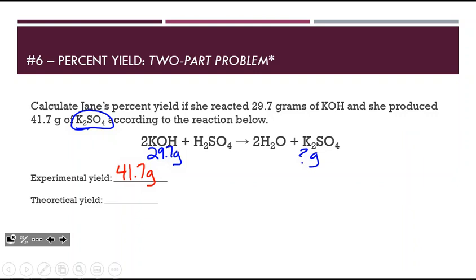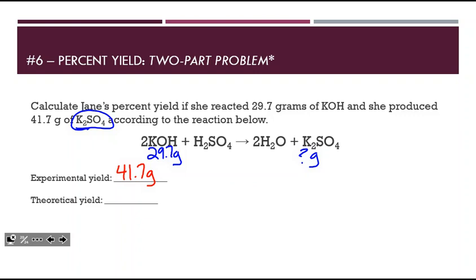So this one requires us to do a T-chart. We have to do the stoichiometry. We have to figure out the theoretical yield. So go ahead and take a moment to set that up. It's a grams to grams, so it's a something to something. Okay, let's go ahead and set this up.